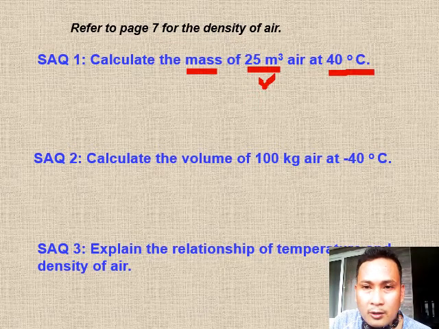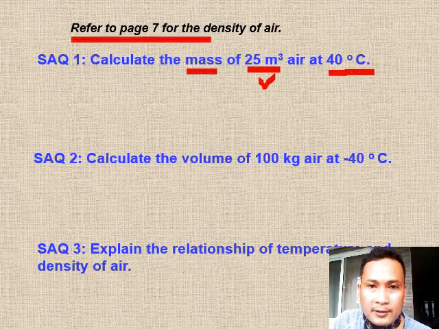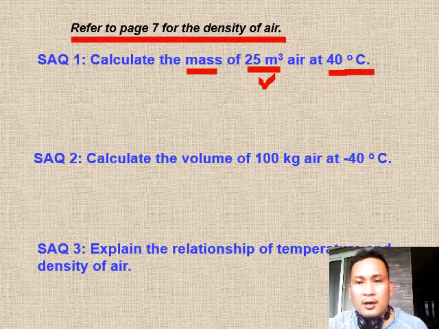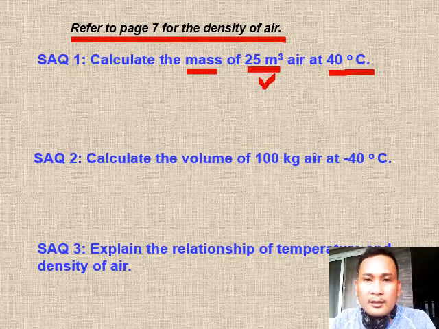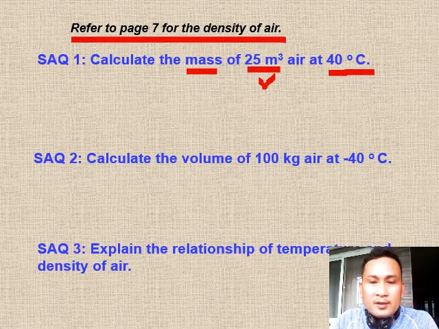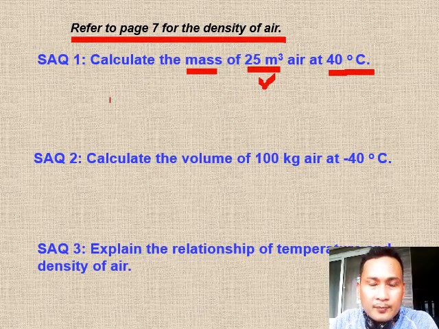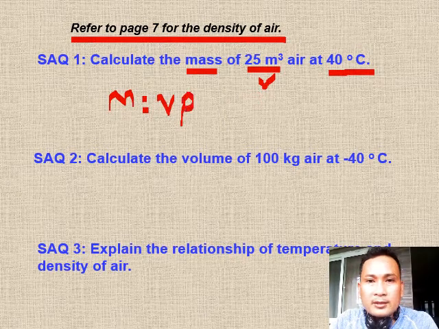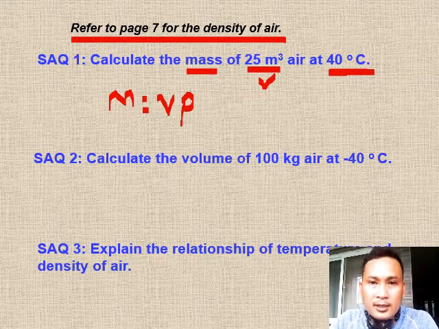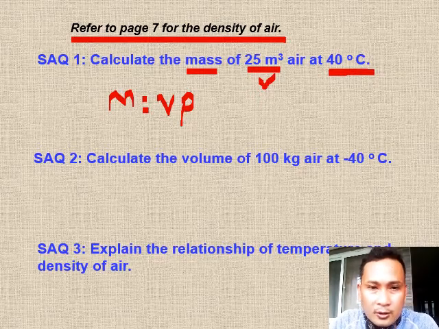So you are going to go back to page 7 to get the density of the air at 40 degrees Celsius. Alright, and then just proceed with the formula. The formula is mass equals volume times density. So you already have the volume. Just get the density from the table at 40 degrees Celsius, and then you are good to go.